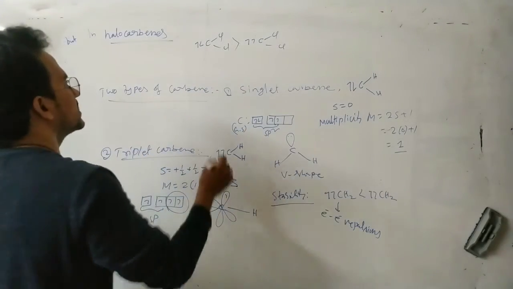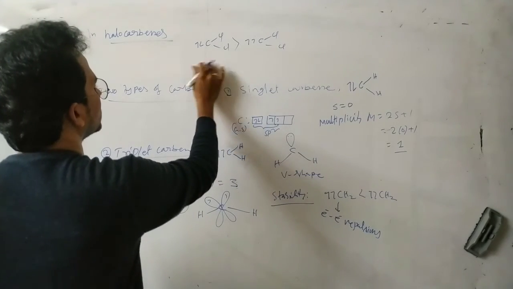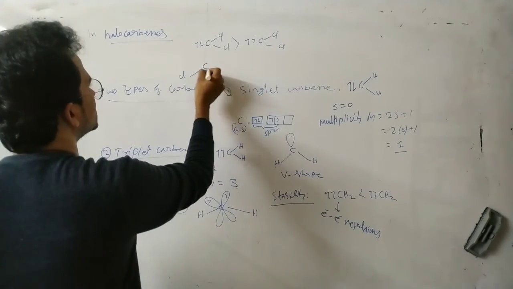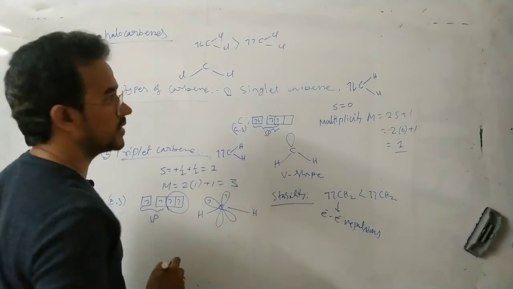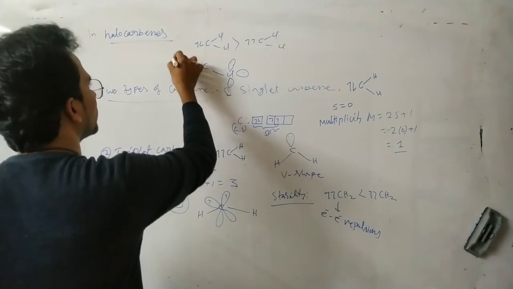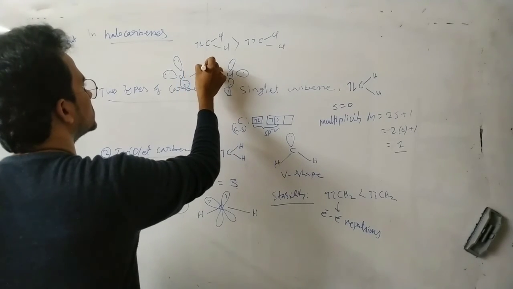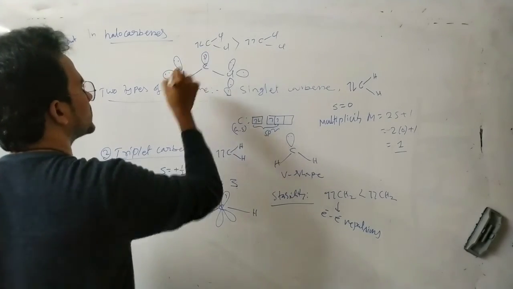Why? Because already chlorine has non-bonding electrons, like this, 2 electrons.